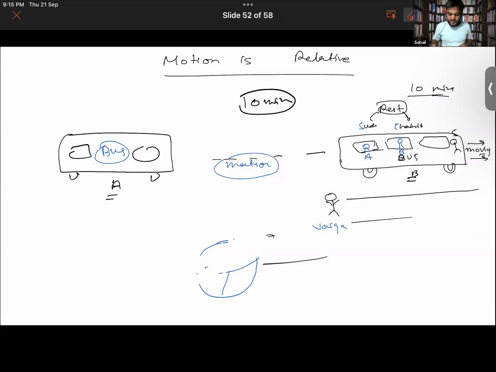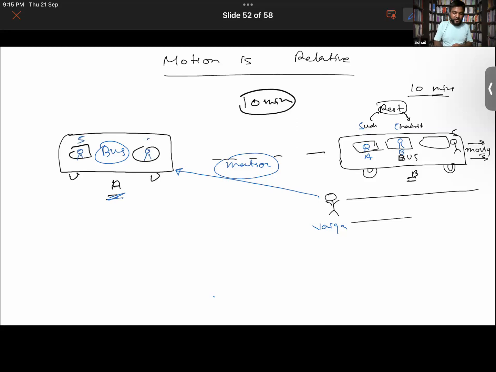She's just standing outside the bus. What would she think? Suppose Vaiga were to look at the bus while the bus was at point A. Vaiga will see that Sundus and Chakrika were both at point A 10 minutes ago.